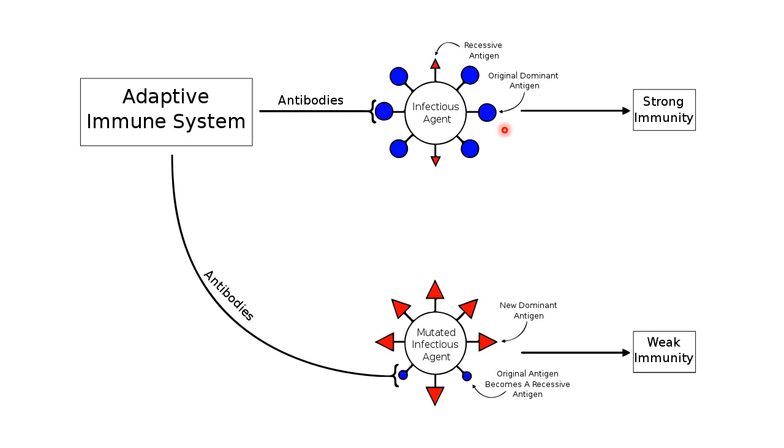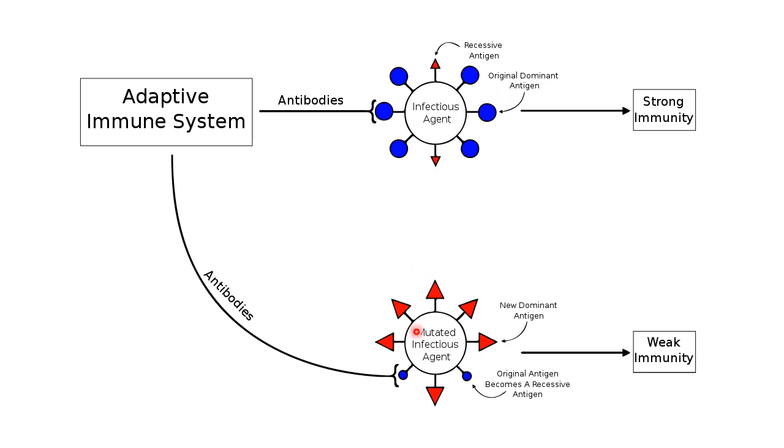That is your primary response. Then after primary response, memory cells will be produced. They will remember. Next time infection comes, memory cells will again respond to this dominant antigen and it will be eliminated from the body.